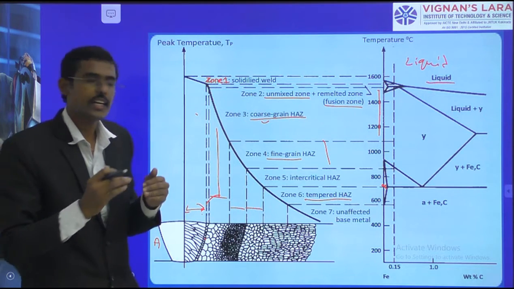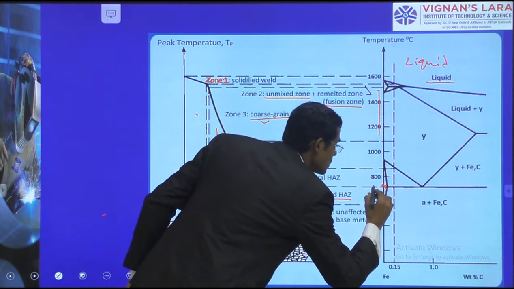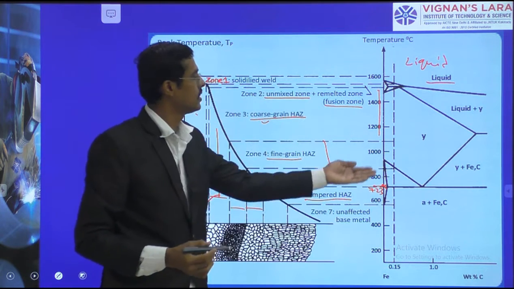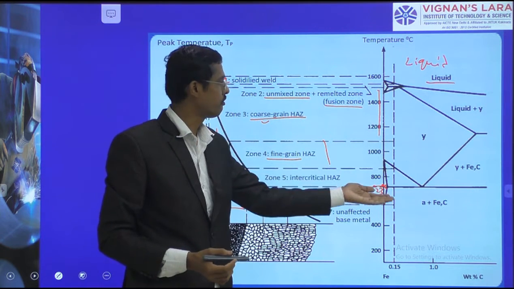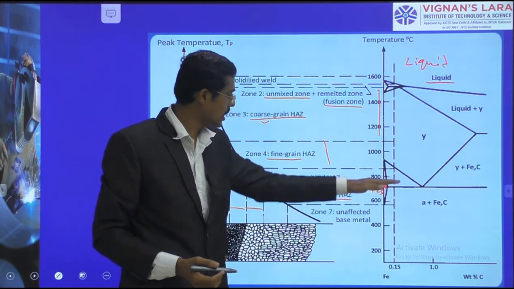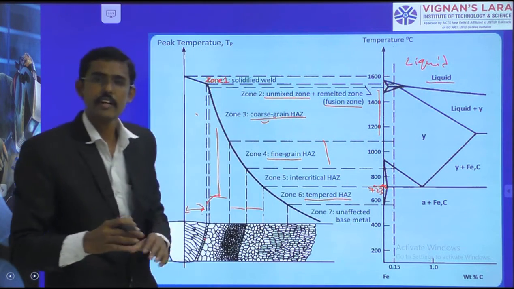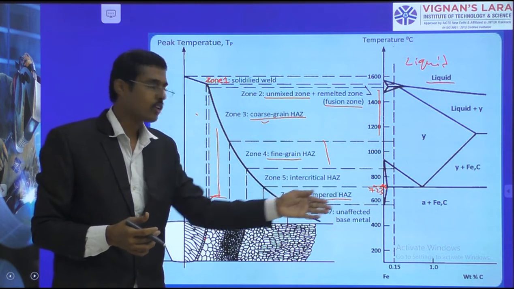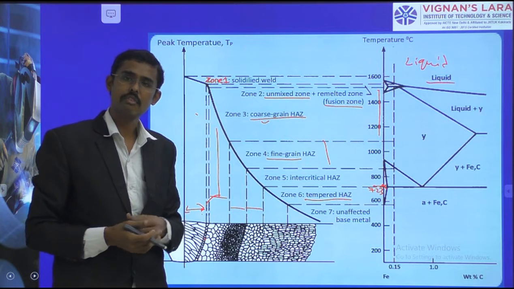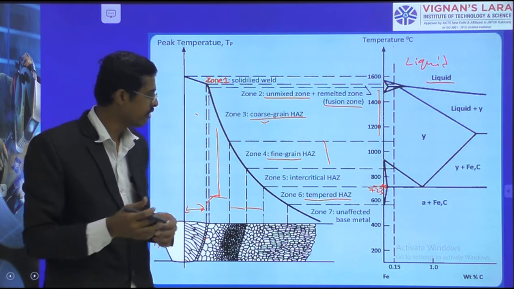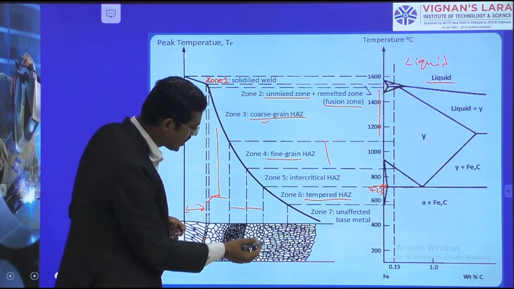For steel, the critical temperature is 723. Above that, the phase change occurs from alpha to austenite. Below this, no phase change occurs, and entirely the ferrite zone will be there. But here, tempering treatments are done for stress relieving or other purposes. Therefore, a small change in the grains occurs.